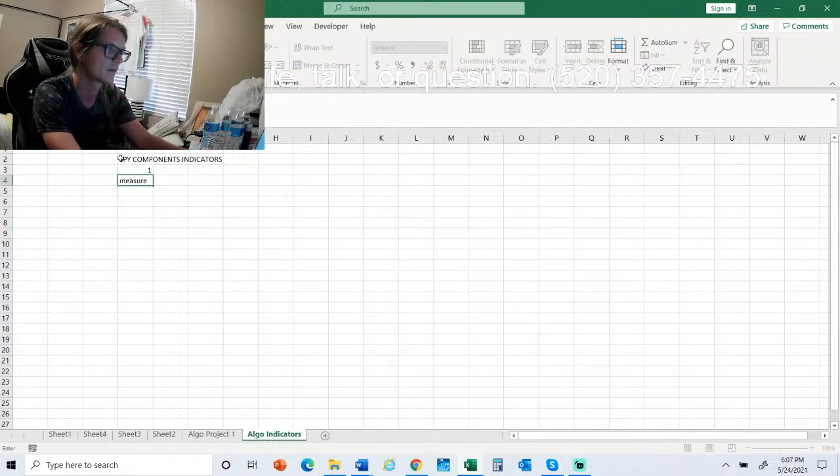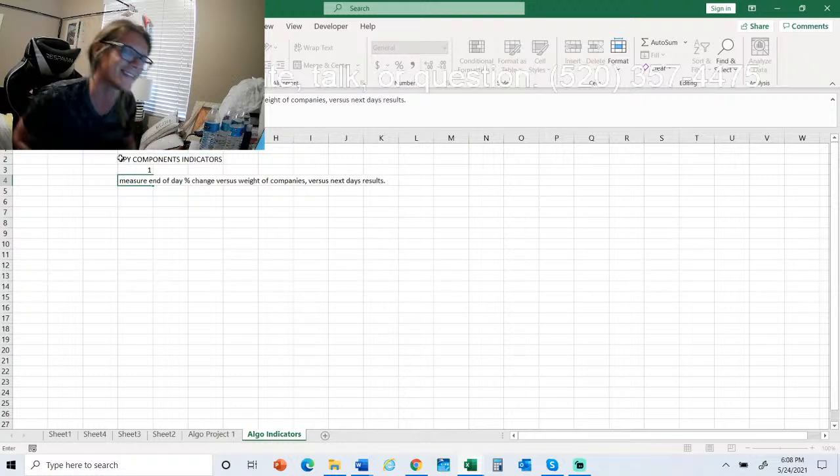Measure end of day percent change versus the weight of companies versus next day's results. What does that mean, people?